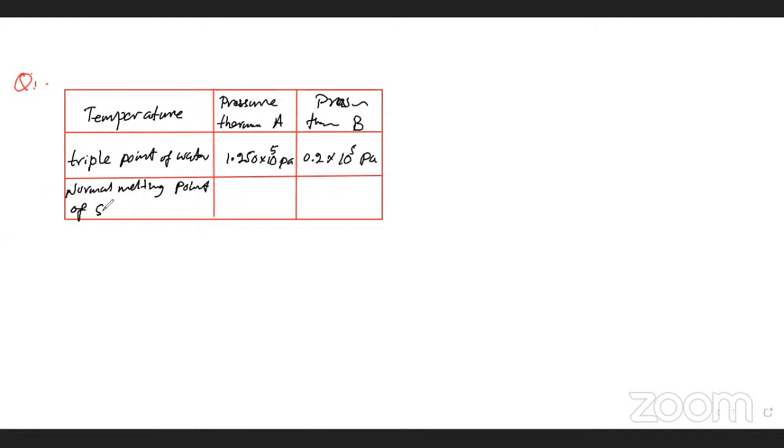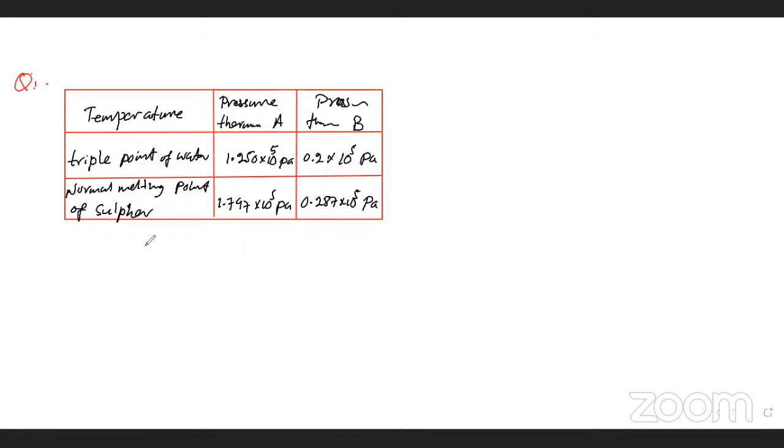The value is 1.797 into 10 to the 5 Pascal, and then 0.287 into 10 to the 5 Pascal. So thermometers are given these values.